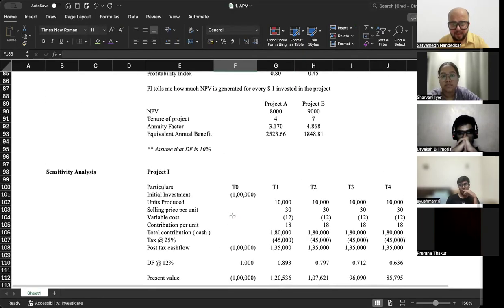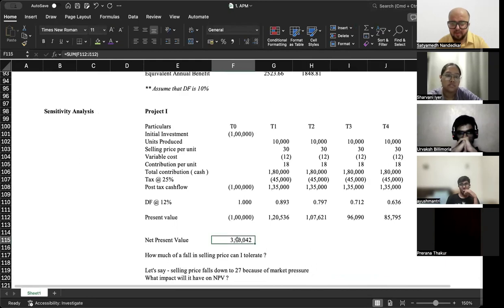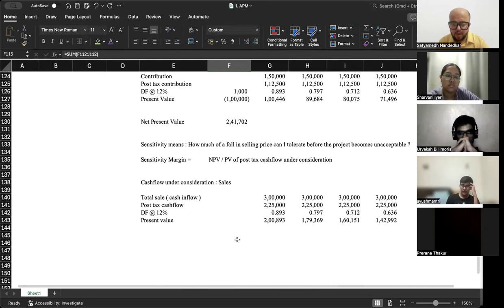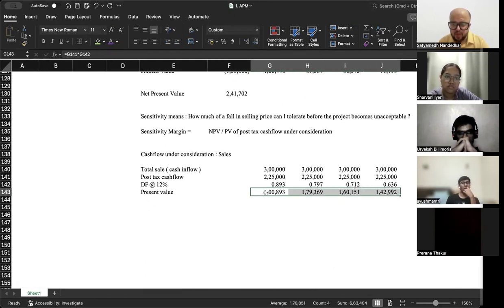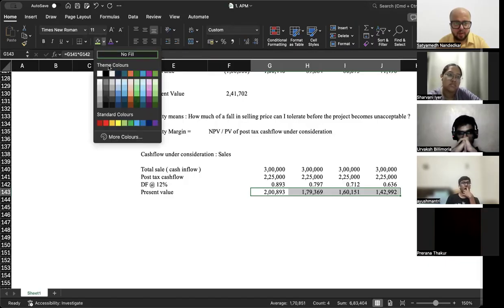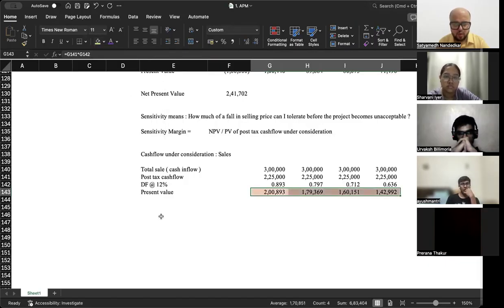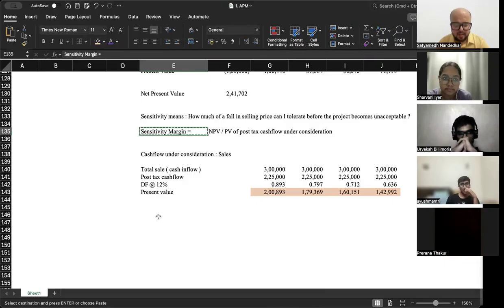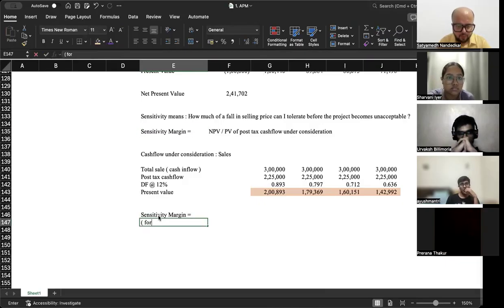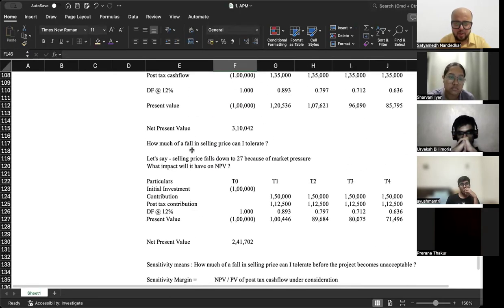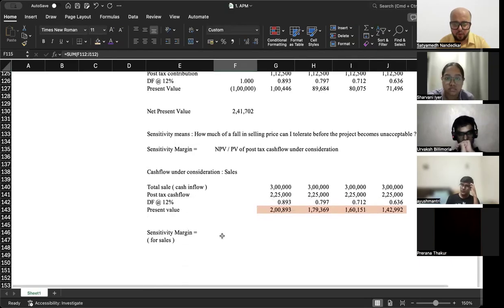Okay, my current NPV is 310042. What is the PV of post-tax cash flows under consideration? This much. So if I have to calculate sensitivity margin for sales, I will take NPV. How much is the original NPV? The original NPV is 310042.